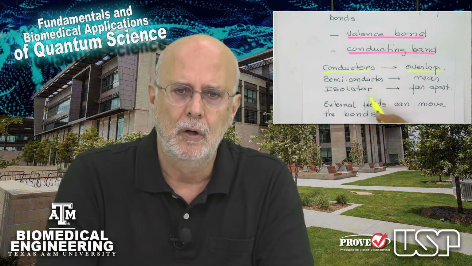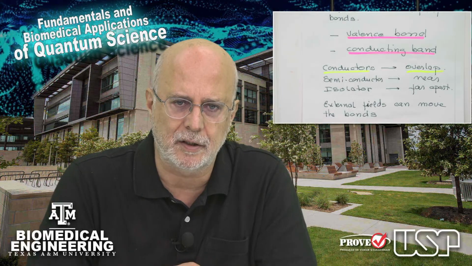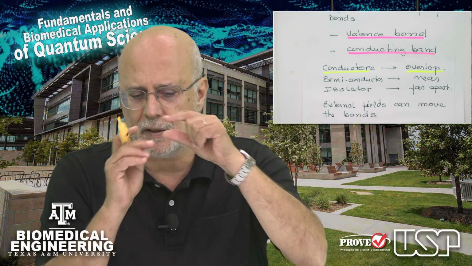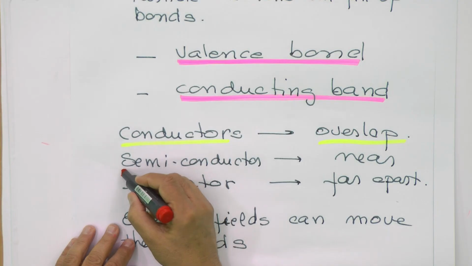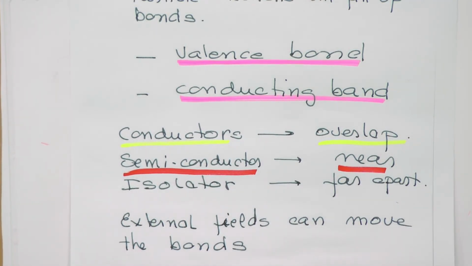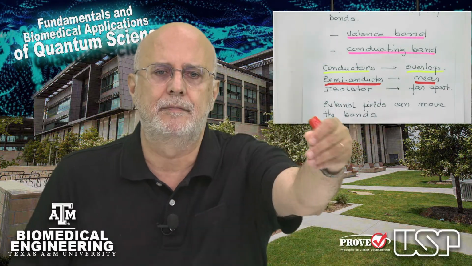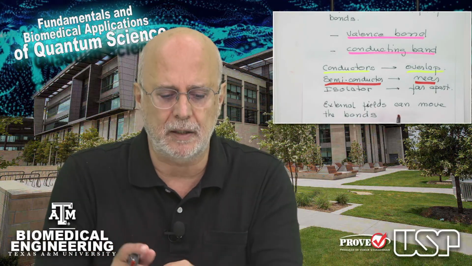So they can go free and conduct almost costing nothing, any small energy. If the gap is a little bigger, it will cost a little bit. So the two bands are near, but not exactly overlapping. These are the semiconductors. So for them to conduct, you must give a finite energy, which is the threshold for the system to start to conduct, to produce particles that are free.